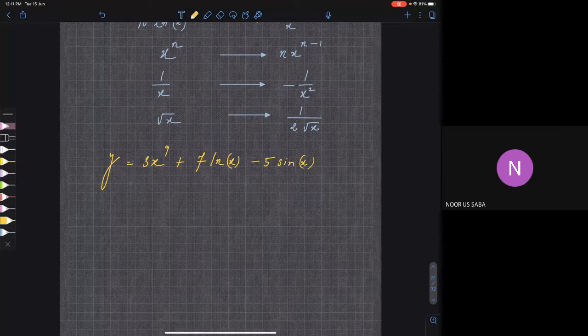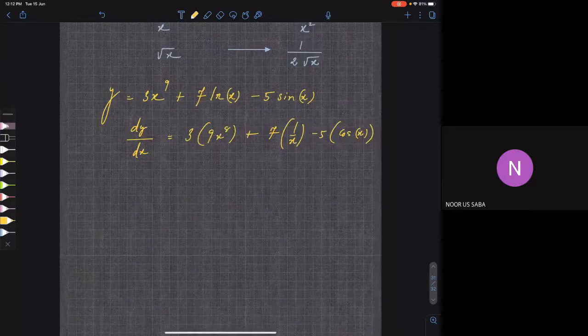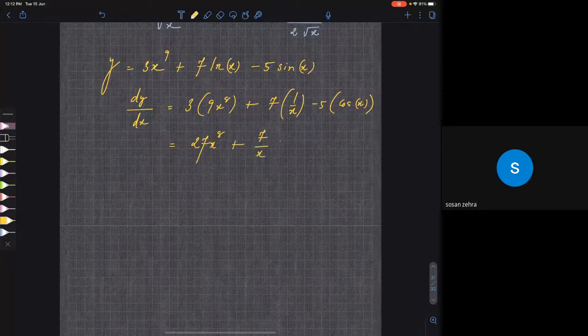So dy by dx equals, see just what I am doing. This will be x power 3 into 9x power 8 plus 7 into 1 by x minus 5 into cos x. So this will become 27 x power 8 plus 7 by x minus 5 cos x. Are you getting my point?